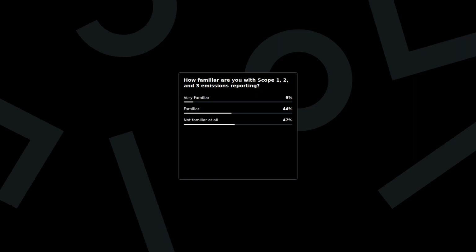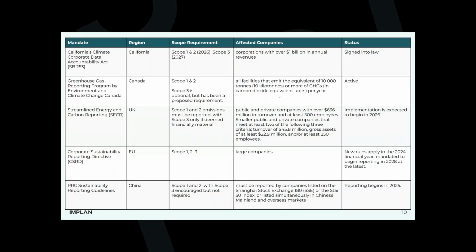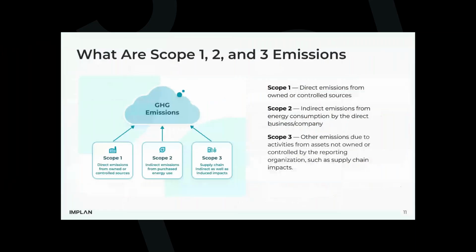Similarly, you see here that the affected companies are based on size of company, with Canada being specific to the level of emissions being the requirement. So a lot of really interesting mandates to come, and it's speculated that California will lead a trend potentially in the US to see additional mandates come, but a lot of active ones are already coming about in the landscape.